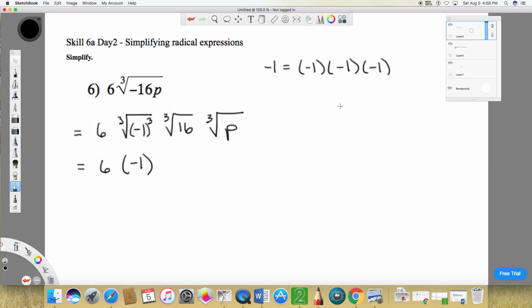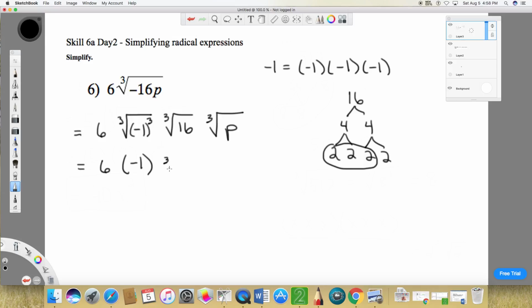Now for 16, I'm going to have to break down 16. I'm not looking for square roots. It's tempting to say, well, 4 times 4 is 16. And yes, if it's the square root of 16, that's what I do. But I need to keep breaking this down further because what I'm trying to do is to find a group of 3. So I do have a group of 3 right here, but I have one left over.